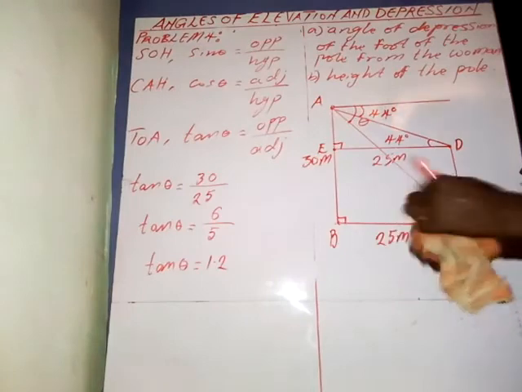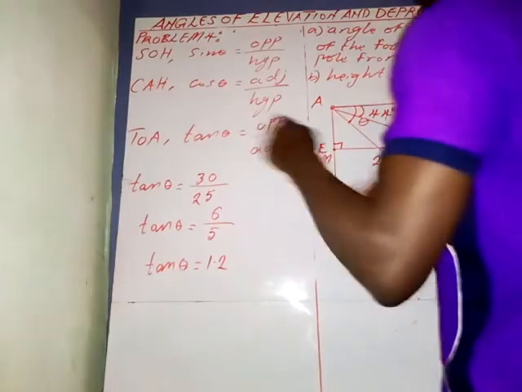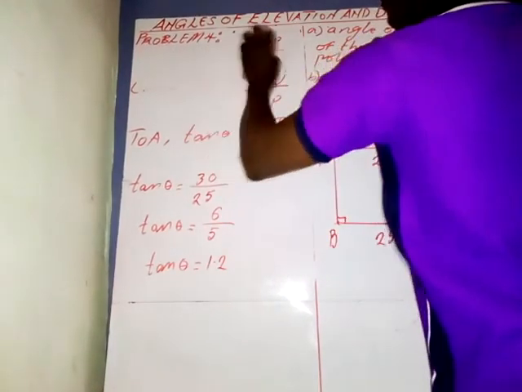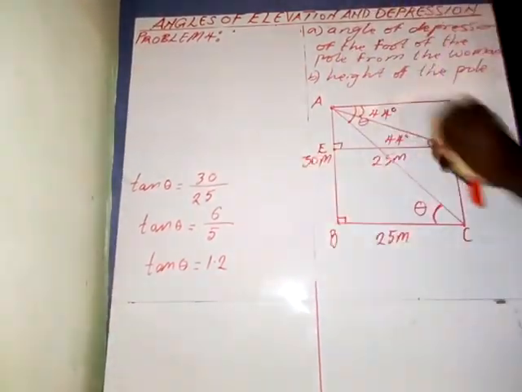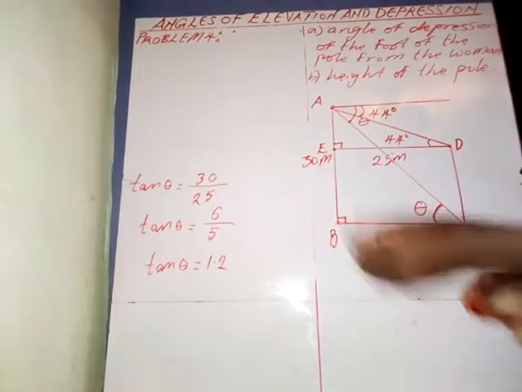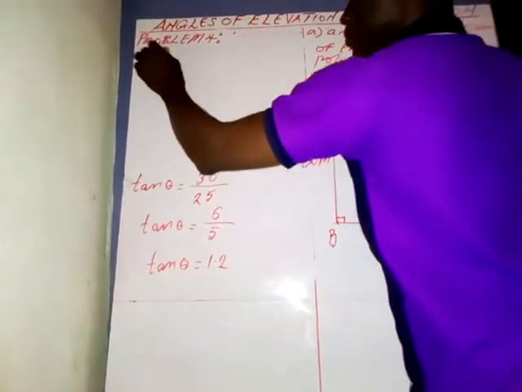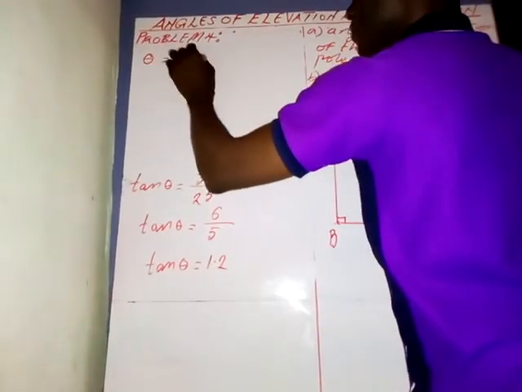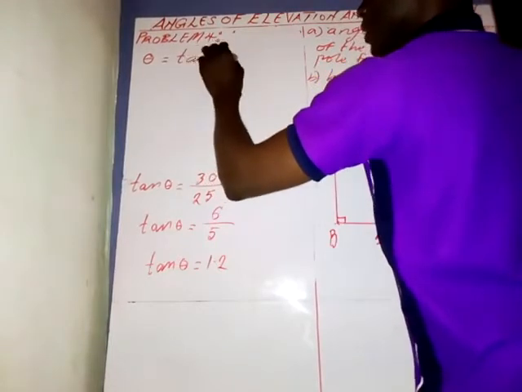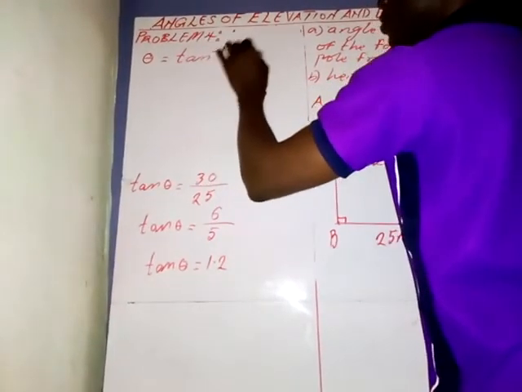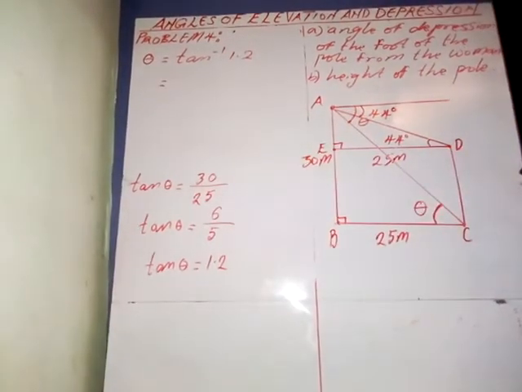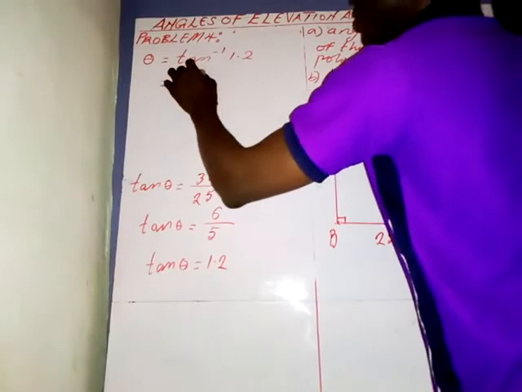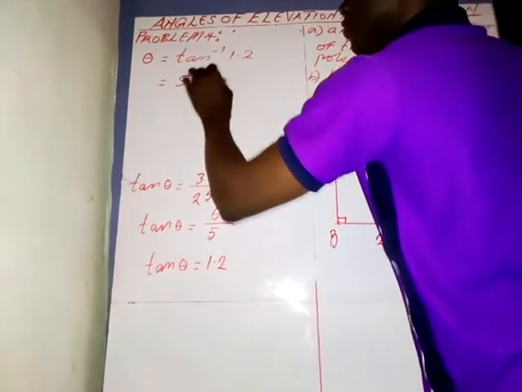Then I will need to rub this off. So then we have theta equal to tan inverse of 1.2, and tan inverse of 1.2 gives us 50 degrees.